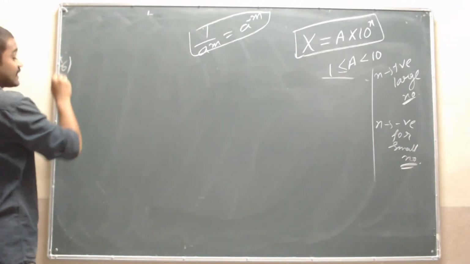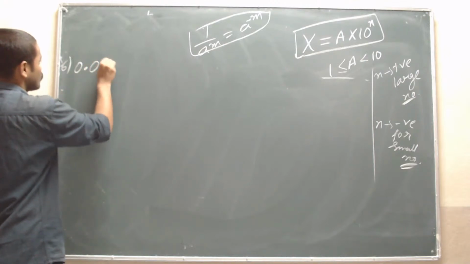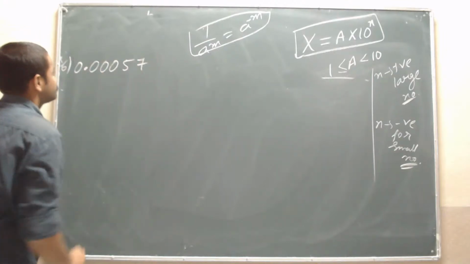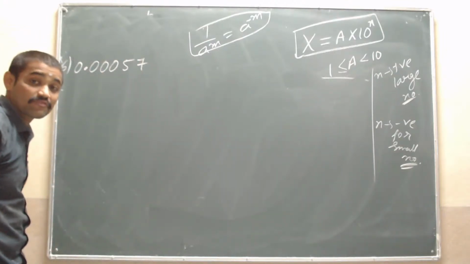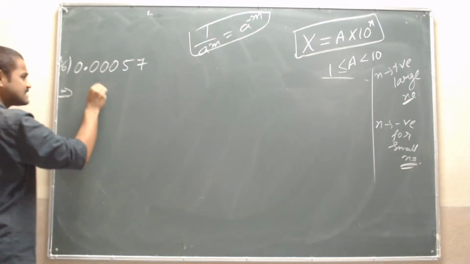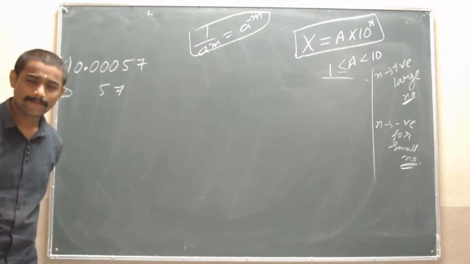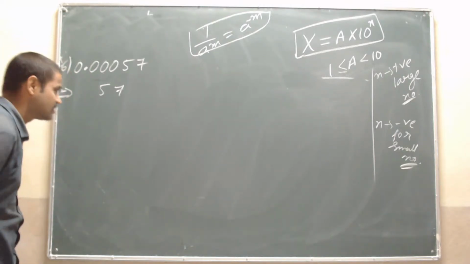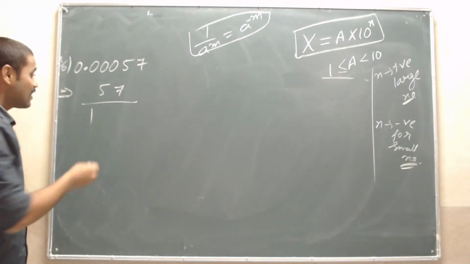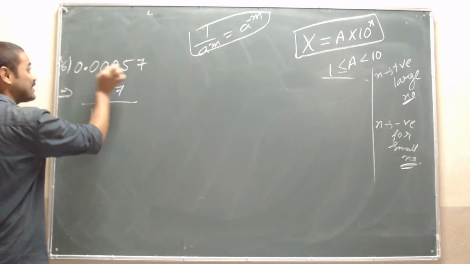I will give a different number. 1, 2, 3. What we have to do, students? Sir, we have to neglect the zeros and write the number as it is, 57. Then we write the zeros while comparing these numbers.